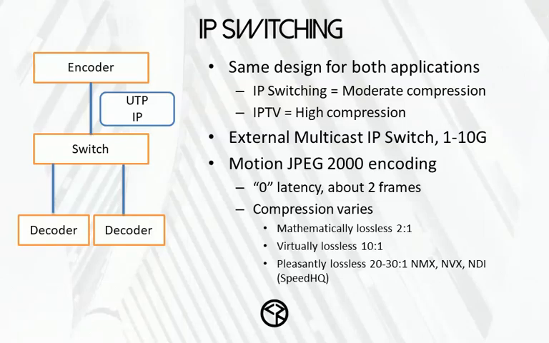So when you look at companies talking about a 1 gig switch, like the NMX and NVX systems, they're going to get to numbers of like 100 to 900 megabit switching; you've got to do compression like that. By the way, for those video guys into new tech NDI, that is something like MPEG and JPEG called Speed HQ.